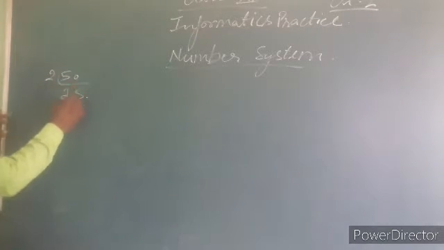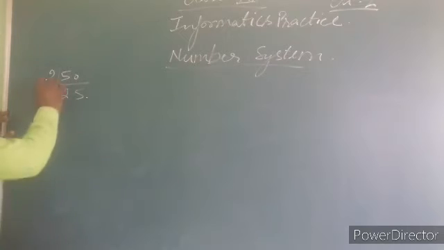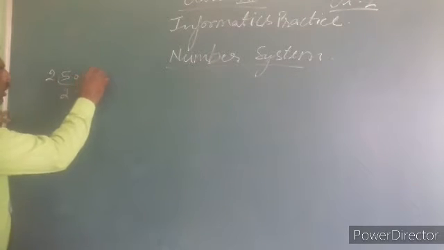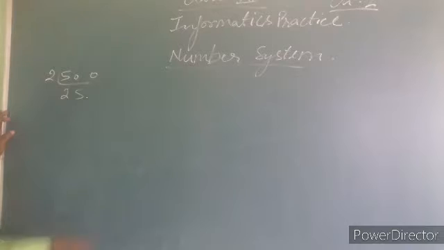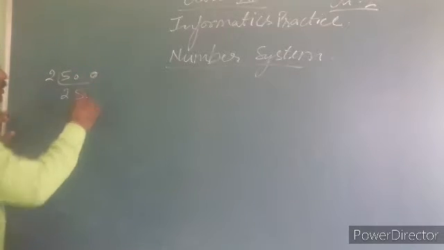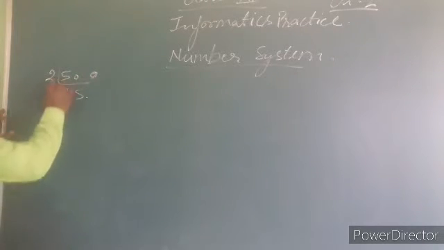Here 10, that's why 5. 2 5s are 10, so there will be no remainder here. That's why we can write 0.